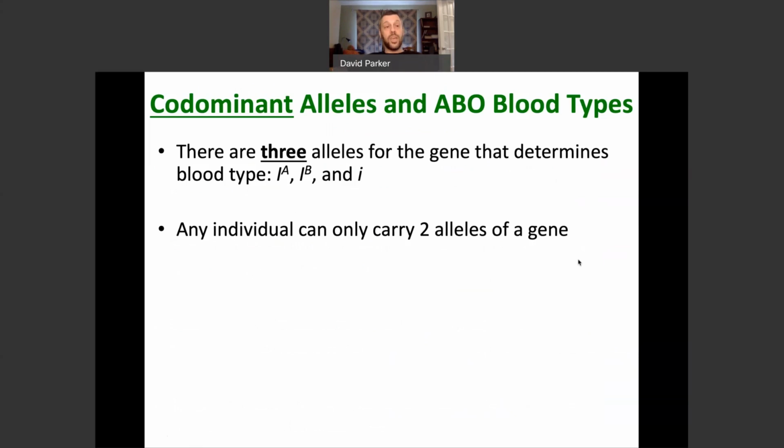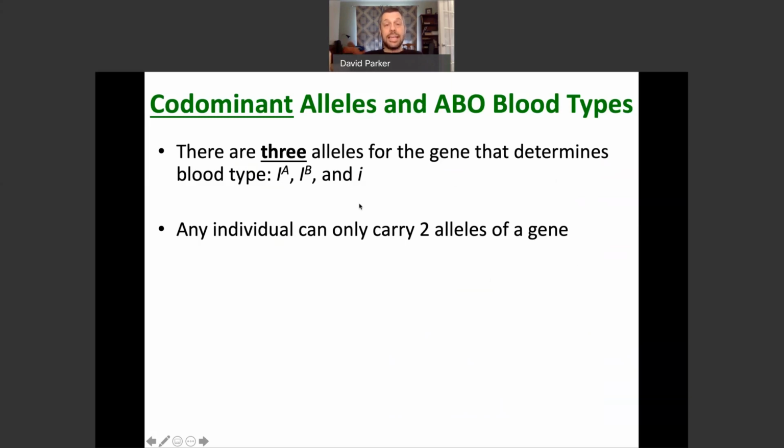As I said, in many cases, there's more than just 2 alleles in a general population. In fact, there are 3 alleles floating around in the population that determine your blood type, whether you're type A, type B, or type O. And those 3 alleles are called capital I^A, capital I^B, and lowercase i.